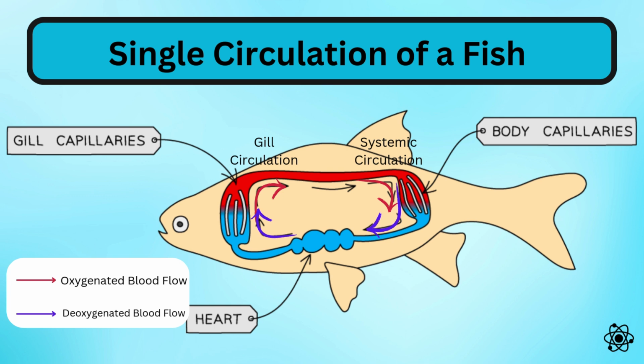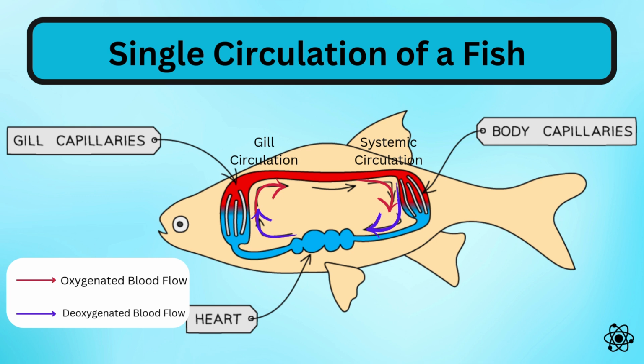This diagram illustrates the single circulation of a fish. The pink arrows represent the oxygenated blood flow, or blood rich in oxygen. The blue arrows represent deoxygenated blood flow. As you may notice, fish do not have lungs, since oxygen is absorbed when the blood passes the gills.